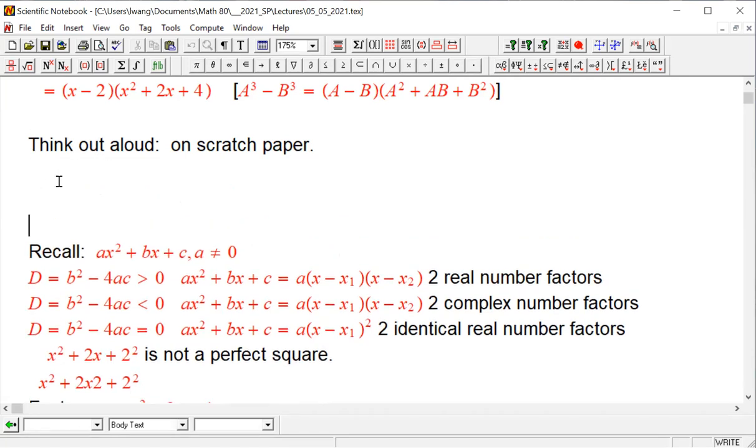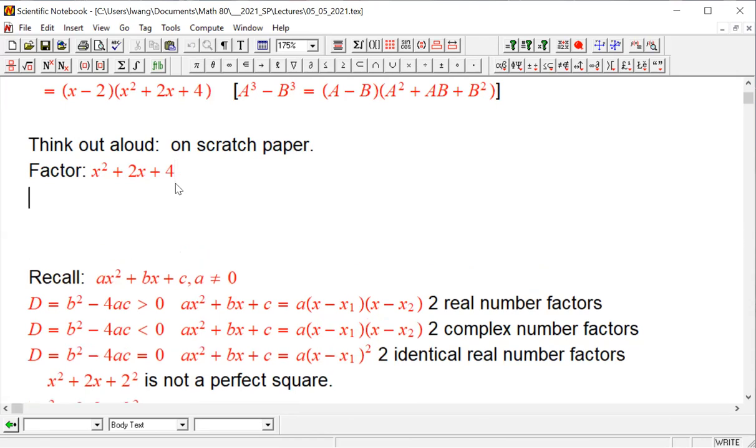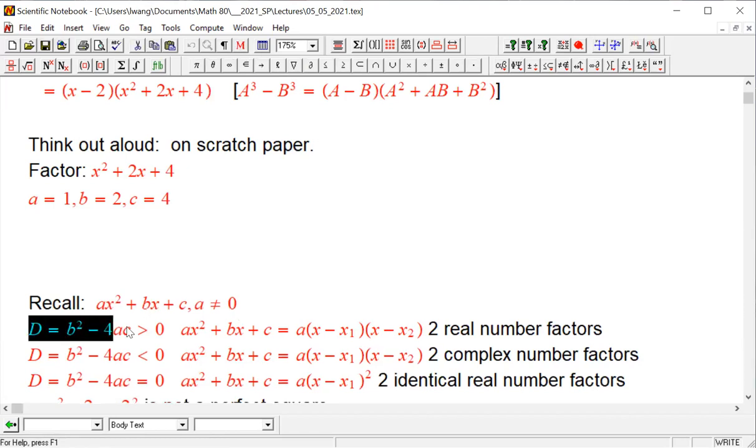Knowing this information, we're trying to factor this guy, x squared plus 2x plus 4, right? And of course, we know that a is 1, b is 2, c is 4. And then you go straight to b squared minus 4ac.